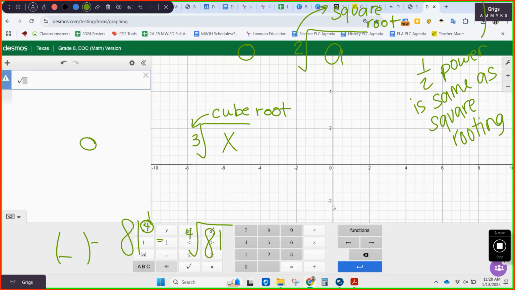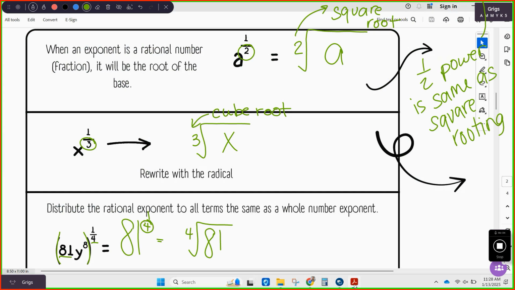I'm going to click that one. Now, do I have a spot for that 4? Yes. Okay. Oh my gosh. What's the 4th root of 81? 3. So when I come back to my notes page, so 81 to the 1/4 power is what? 3. The 4th root of 81 is 3.